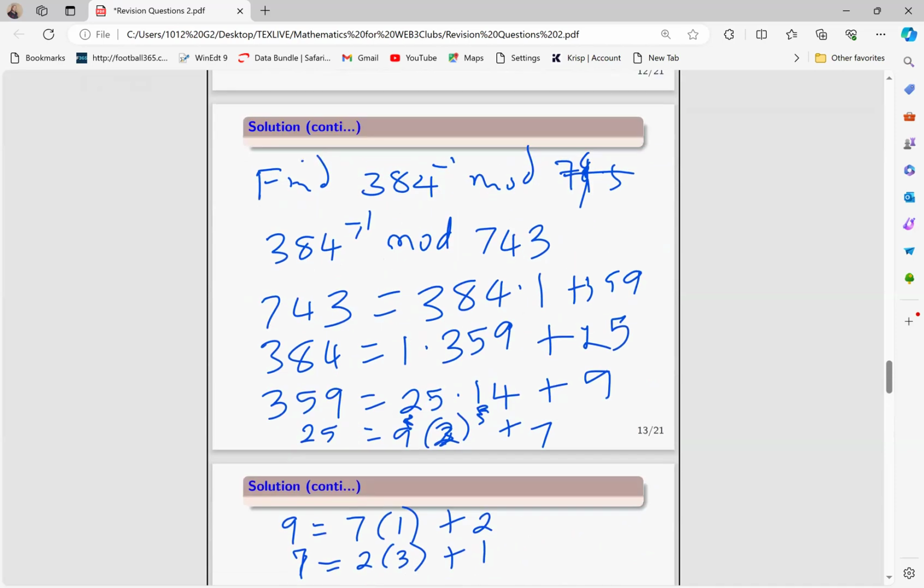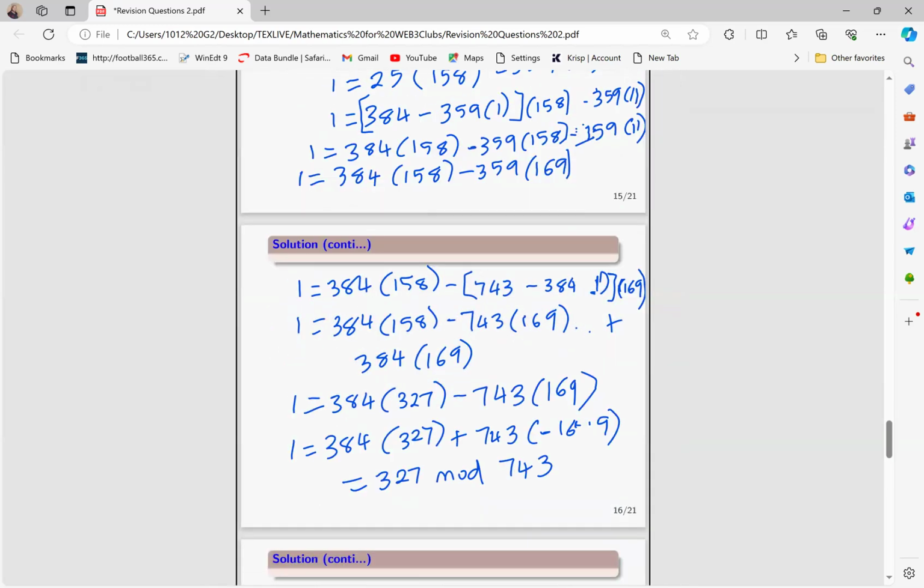What is 3 to 4 times 327? To get 105,000 and something. What is the mod? 743 minus 69. Yeah, this is the inverse. That's how we find the inverse for that.